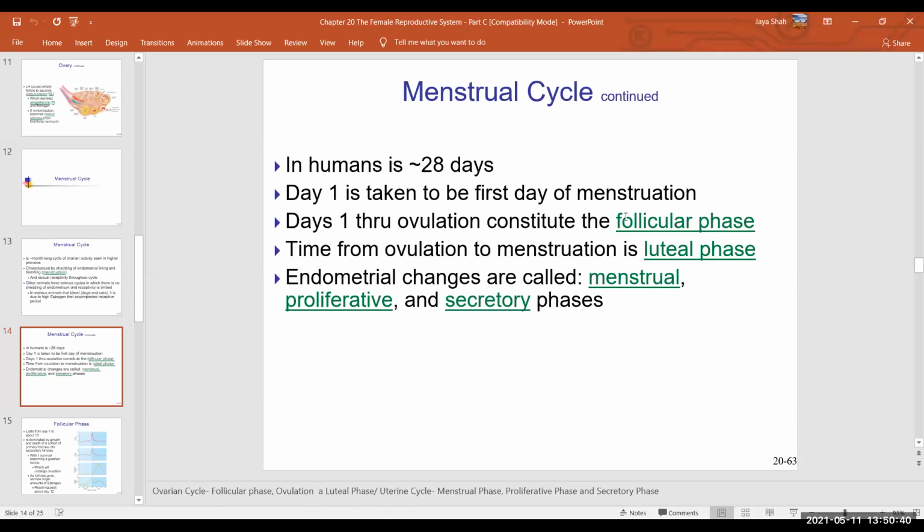Whereas the hormones from the ovary bring the change in the endometrium, and those phases are the menstrual phase, proliferative phase, and secretory phase.